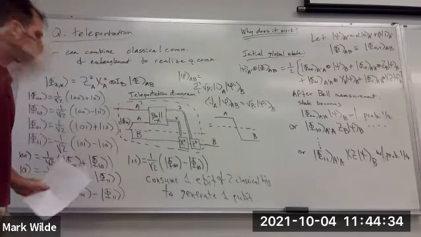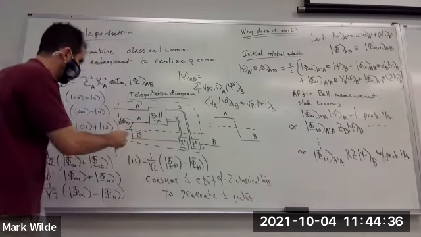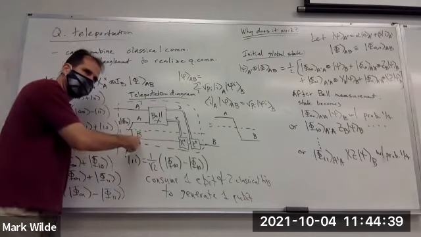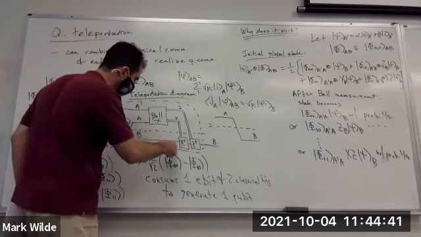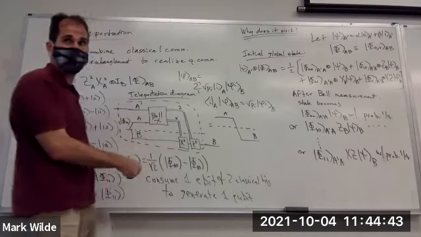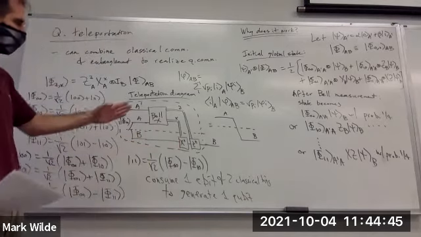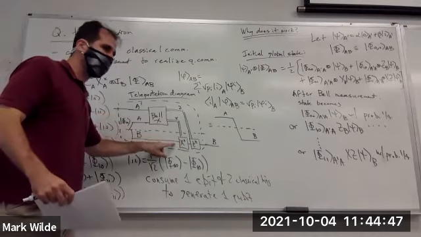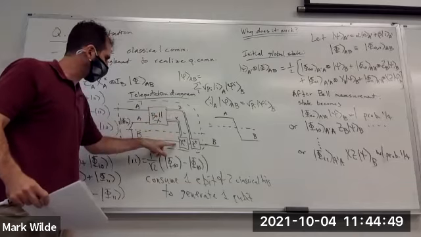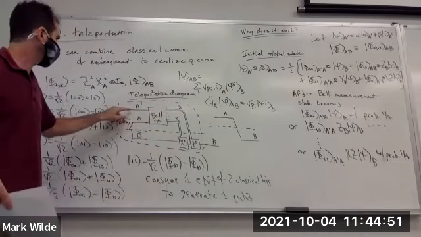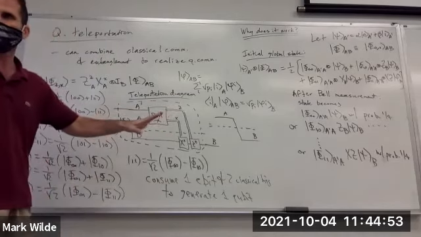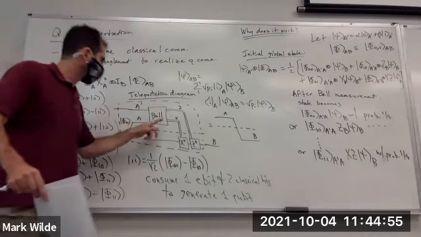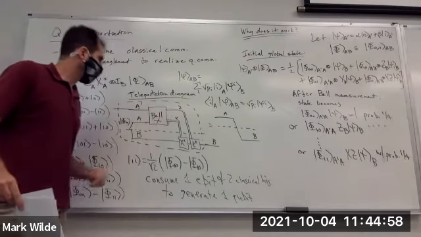Presumably the way that you deduce that this is the maximally mixed state is because, well, we said this was the maximally mixed state and nothing happened, and so this has to be the maximally mixed state as well. Okay, so that's all consistent. But the point that I want to make is that without the classical bits, Bob knows nothing. There's nothing that's been teleported. Okay, so that's one way to think about it.